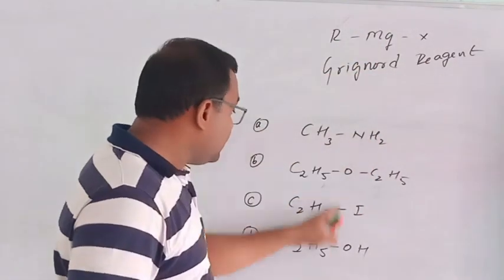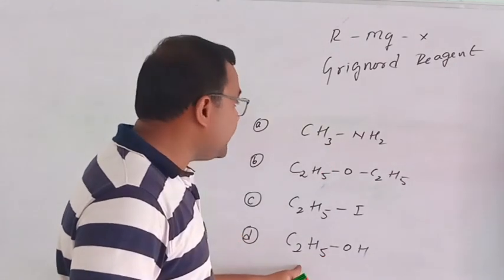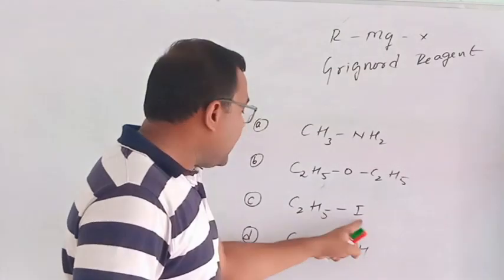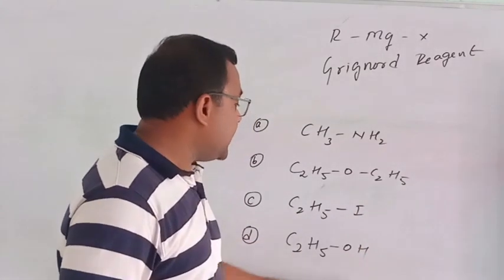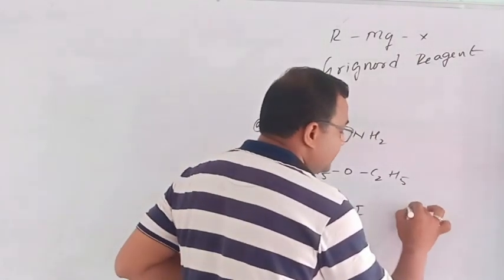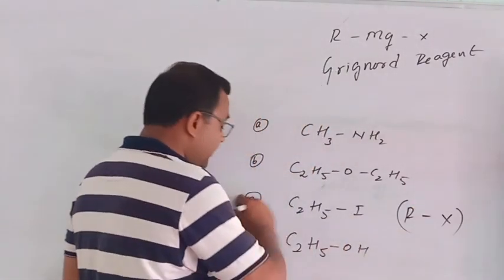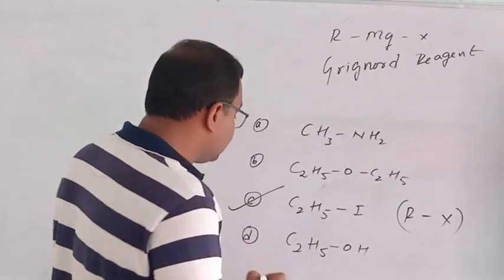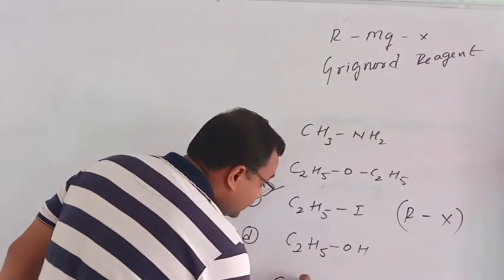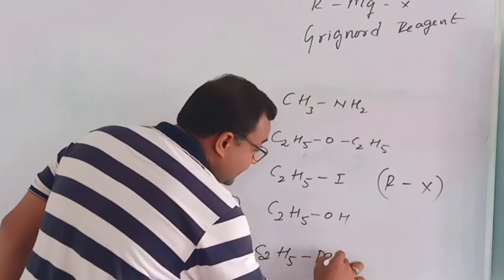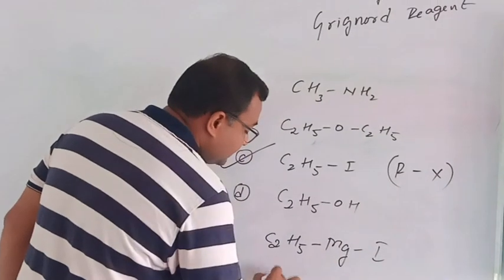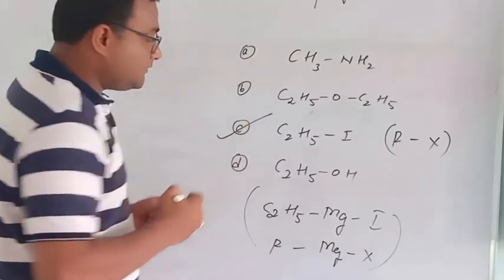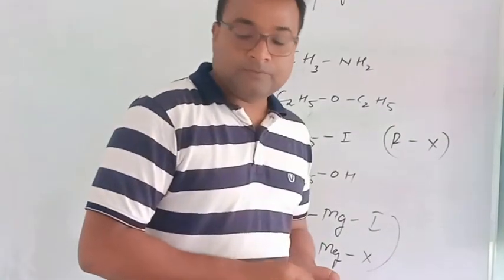RX. Out of these, RNH2, ROR', RI, ROH, the alkyl halide RX is the example, and option C is the correct option, where magnesium reacts with this compound to form C2H5MgI, the RMgX compound. Clear?